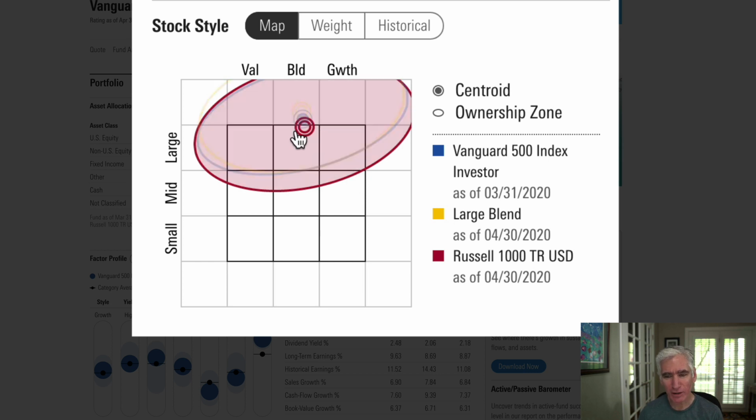The average is just a little bit below the Vanguard 500 fund, but the outer ring is lower as well. It dips more into the mid-cap companies. And that's to be expected because it invests in not just the largest 500 companies, but roughly the largest 1,000 companies.